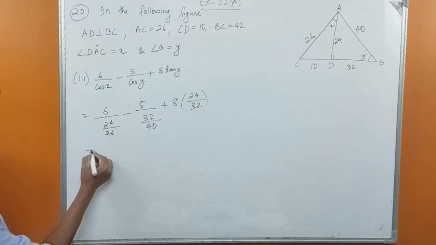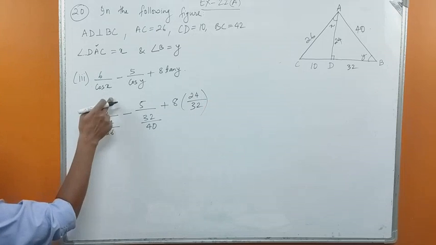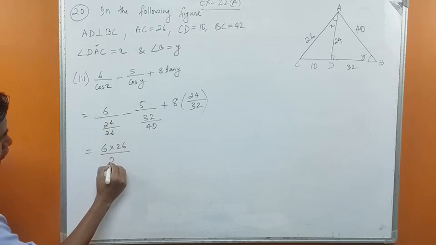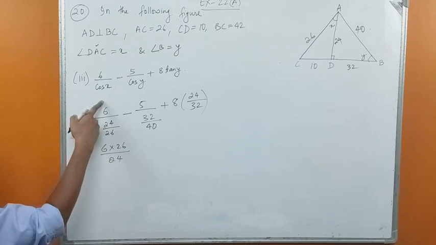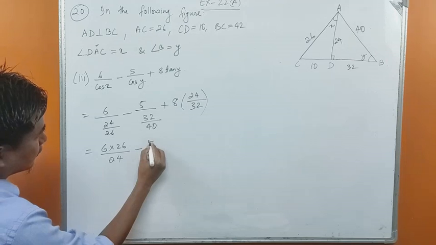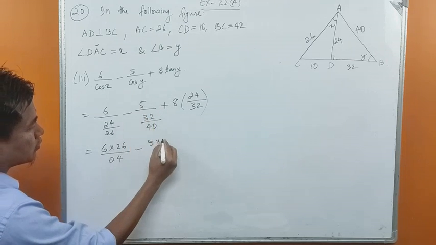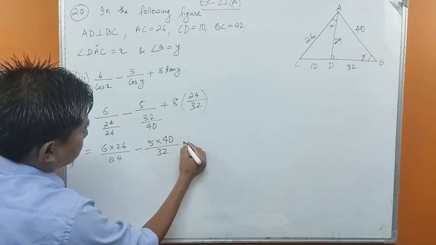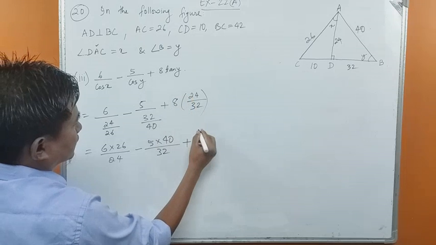Now this 26 goes to the numerator. 6 into 26 upon 24. This 26 goes to the numerator, minus 5 is already in the numerator, this 40 goes to the numerator, 40 upon 32 plus 8 into 24.